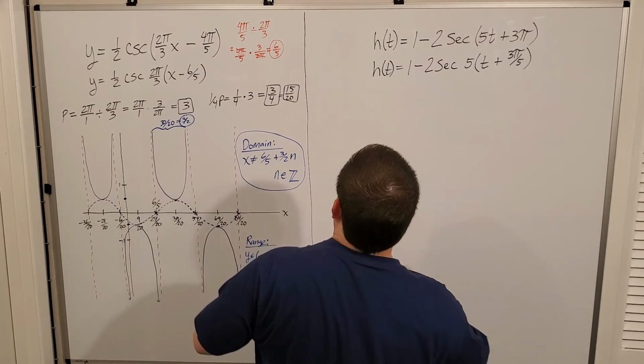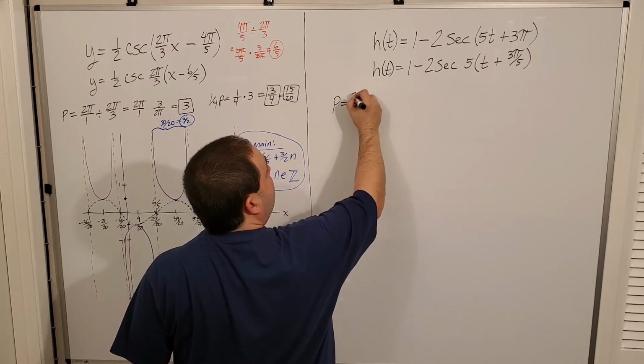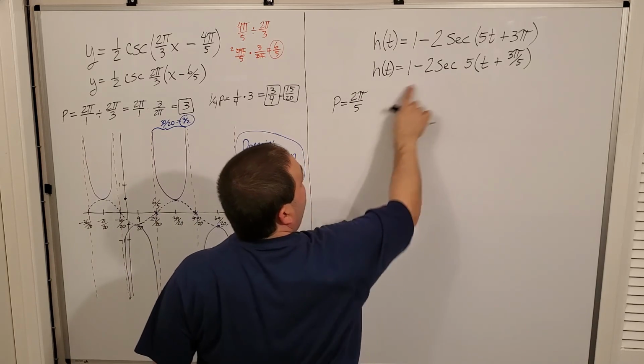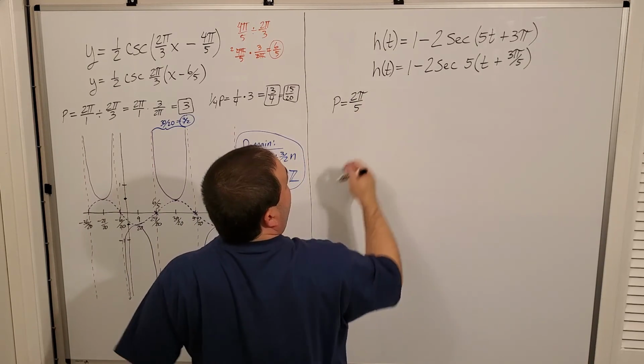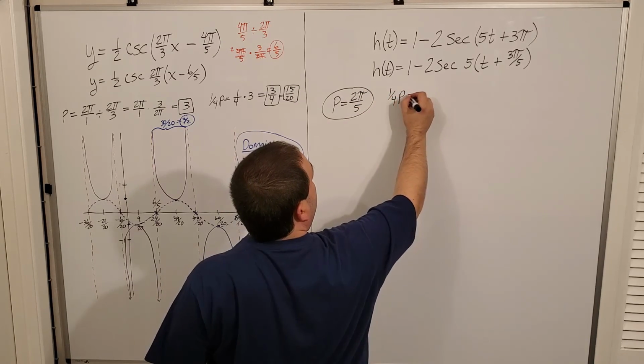Okay, so let's do the period now. The period of this is going to be 2 pi divided by 5. The frequency number, right? Nothing to simplify there. That's the period. So what's the quarter period?